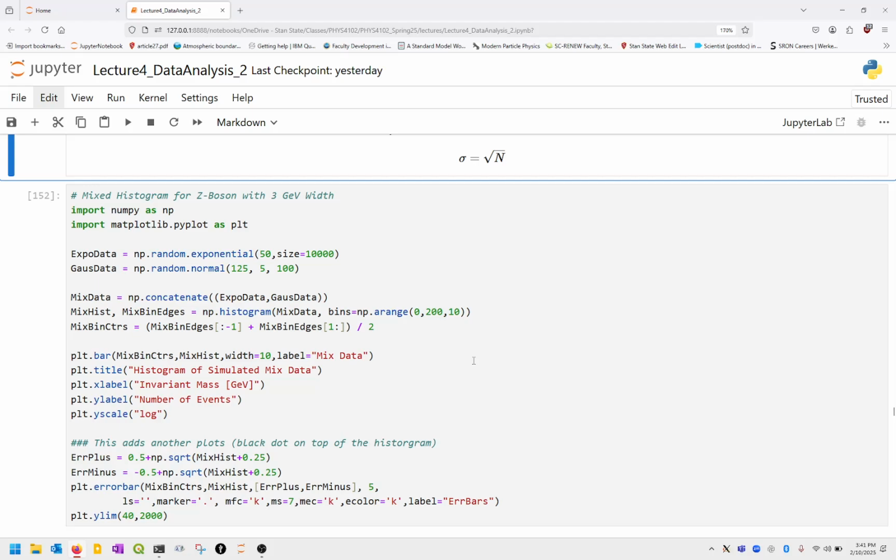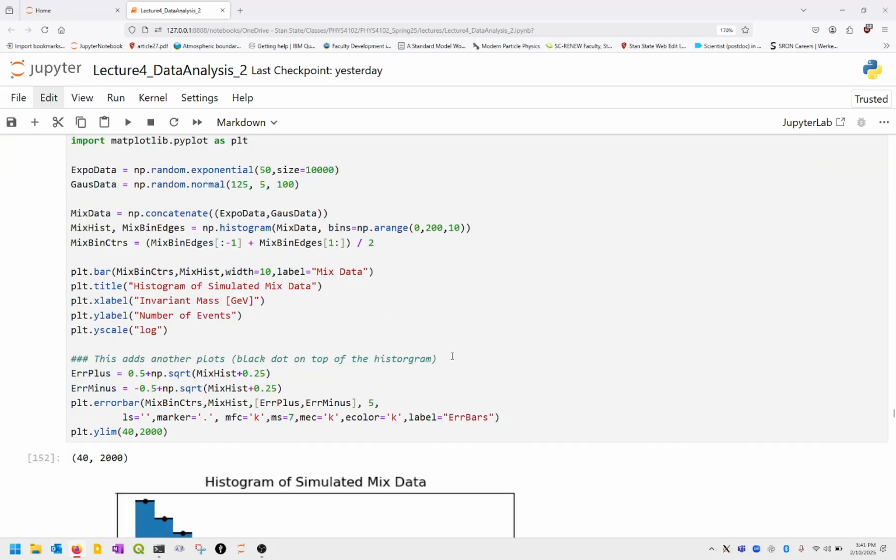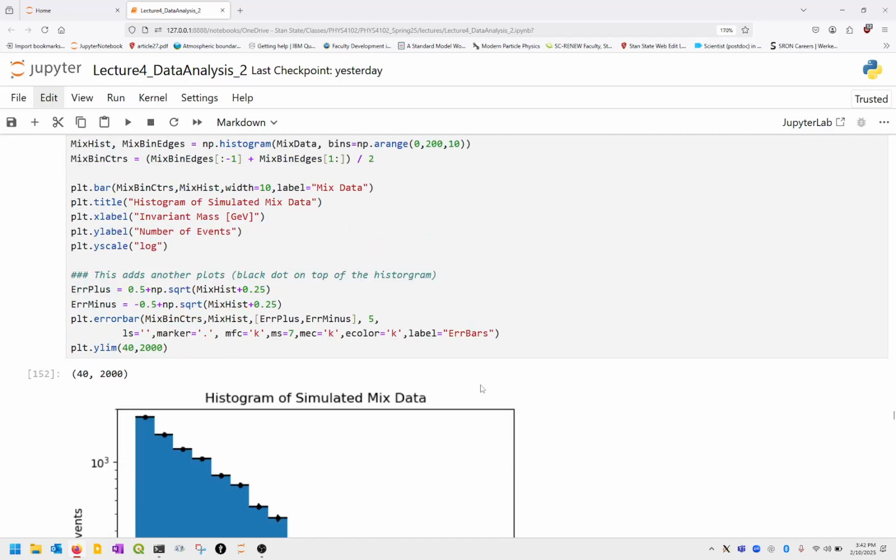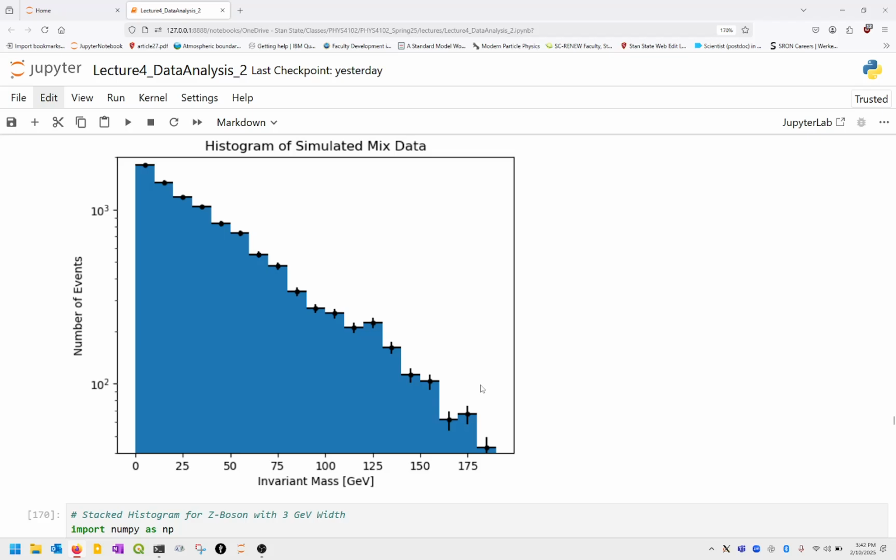The way you add it is using this functionality called error bar. There are uncertainties, but of course, computer scientists don't care about the difference between errors and uncertainty, so that's why they call it error bars. Let me just show you what it looks like when you're making this. When you add the error bars, I want you to add basically black dots with black lines around them in both directions.